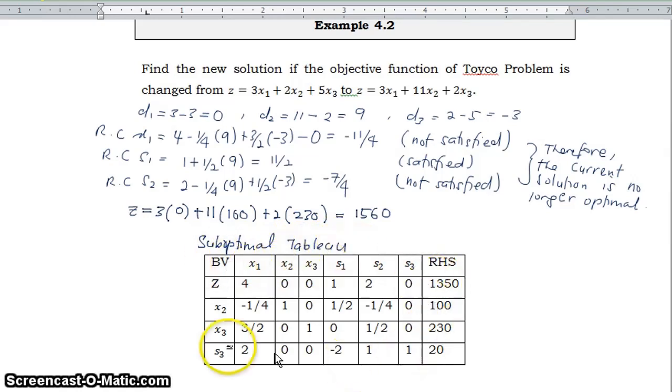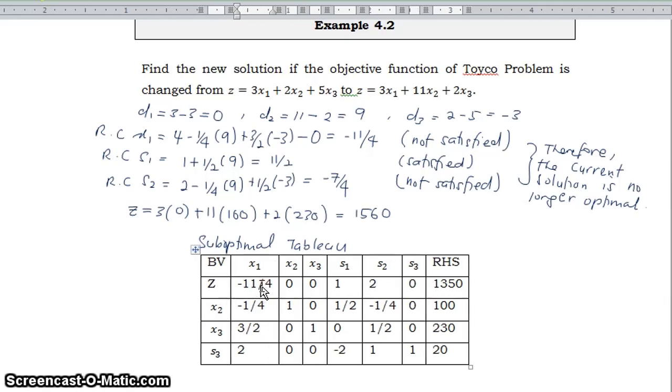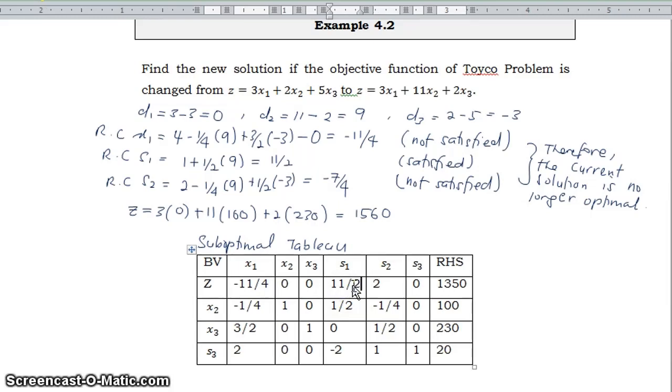This is the optimal tableau from the original problem, and we need to change the coefficient of x1. Now the coefficient is not 4. The coefficient of x1 is negative 11 over 4, the coefficient of s1 is 11 over 2, and the coefficient of s2 is negative 7 over 4.